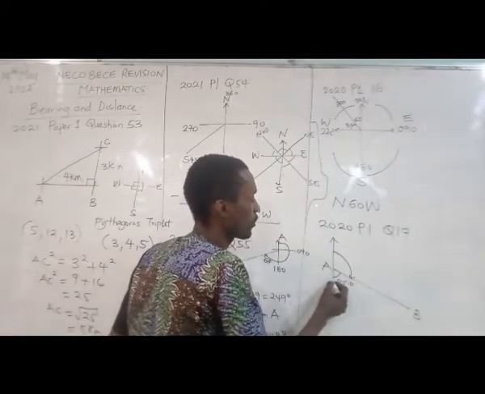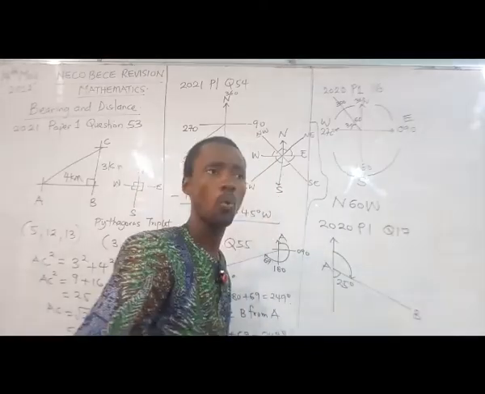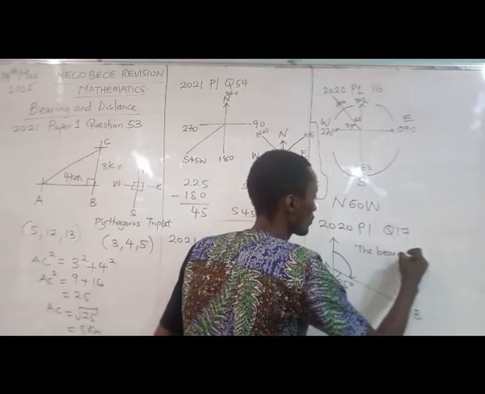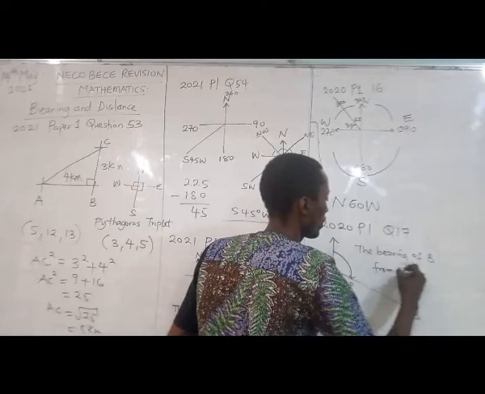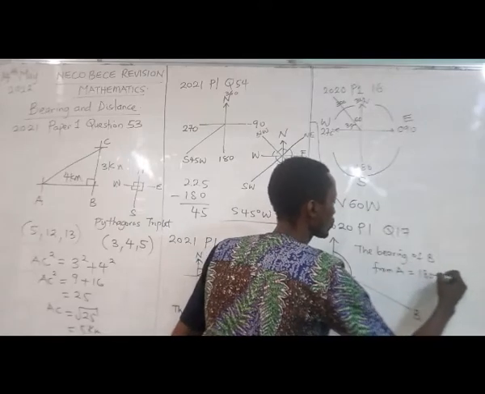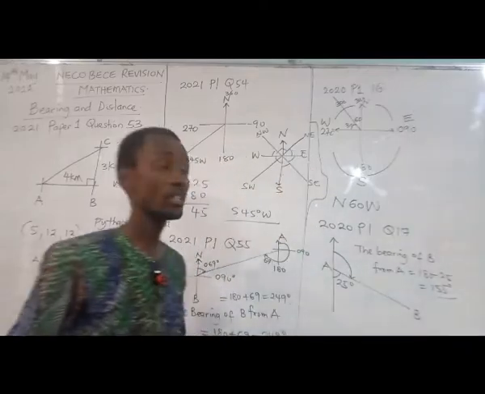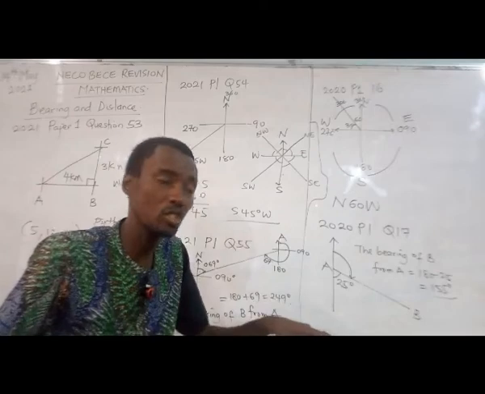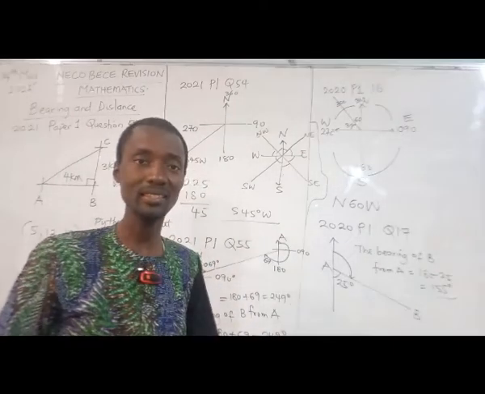So if this angle is 25 degrees, remember that angle on a straight line is 180 degrees. So you say the bearing of B from A will be equal to 180 minus 25, and that will be 155 degrees. This is OBJ, so you don't even need to write so much. Once you understand the question, you will know what to do. Alright, so that takes care of that.